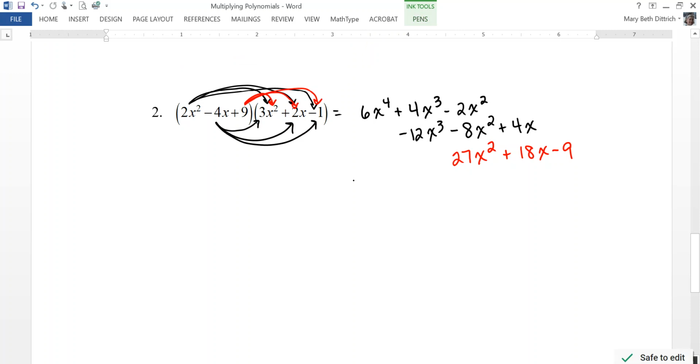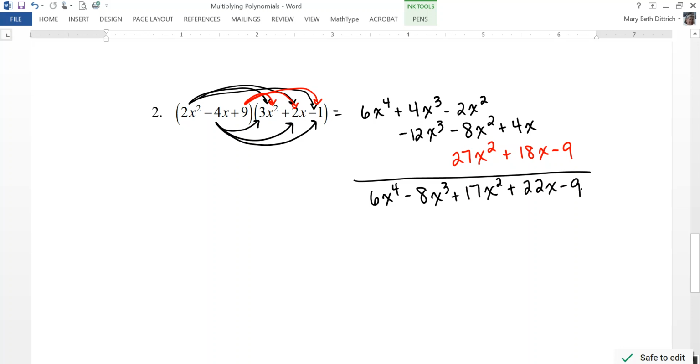Okay, now I need to add up all of those terms. So that's going to be 6x to the fourth minus 8x cubed, and I'm just combining coefficients here. And negative 2 minus 8 plus 27 is going to give me a positive 17x squared plus 22x minus 9.